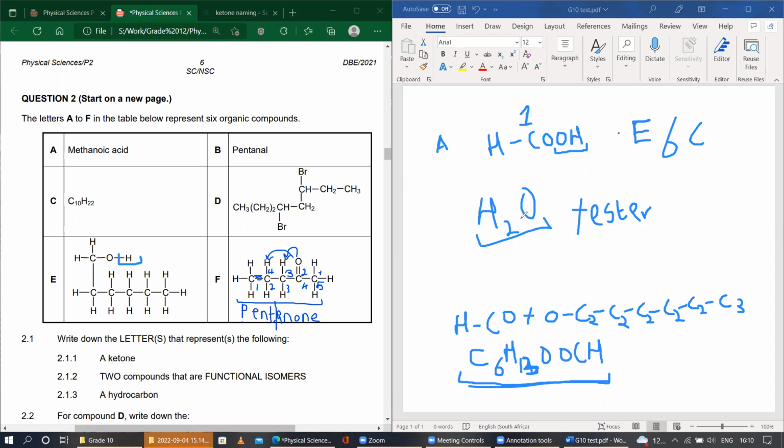Yes, sir. Okay. So what do we call this one? Can you just name the one that we formed now? Firstly, you need to remember what we used. We used methanoic acid and hexanol.